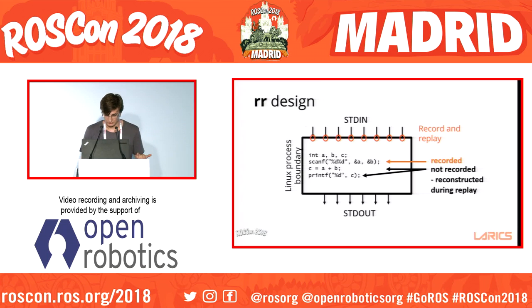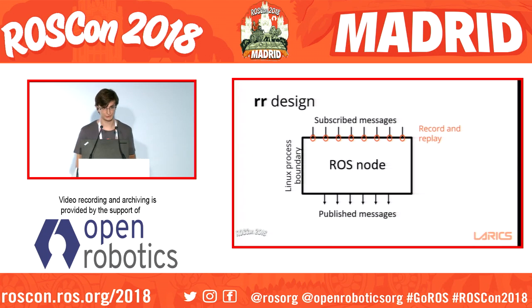So here, for a simple program which would just read in two numbers, sum them up and display them, what would be recorded would be only these two numbers. And if you have the original executable, you know that what the executable does is that it adds these two numbers together and prints them out. So this makes for a lightweight recording of the executable.